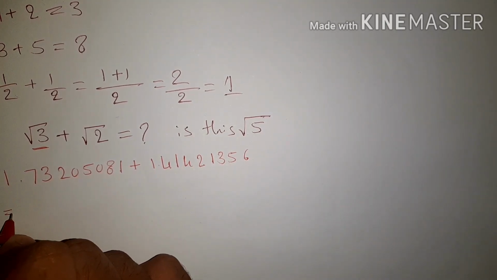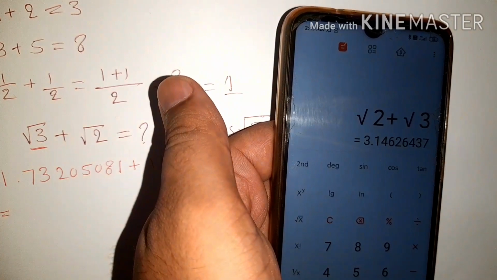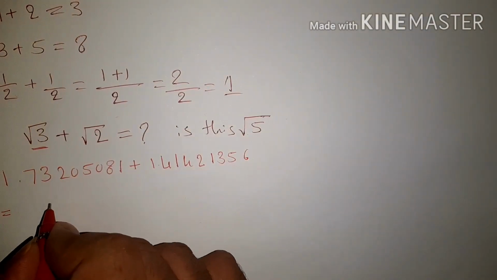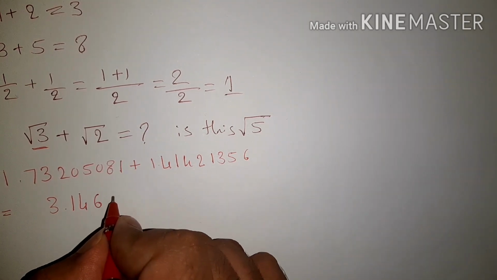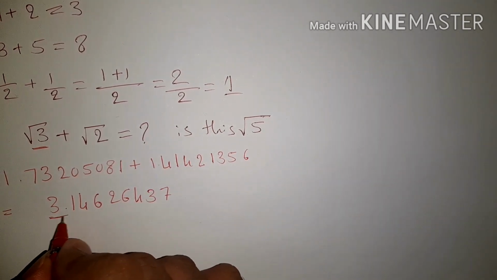Let me add these two numbers, plus square root of 3. See, the value is coming 3.14626437.